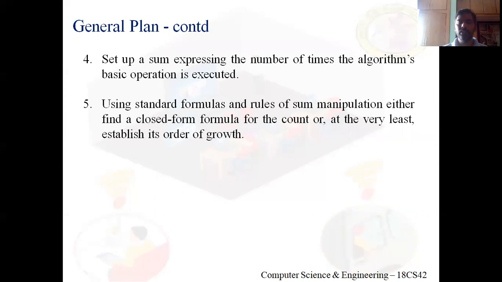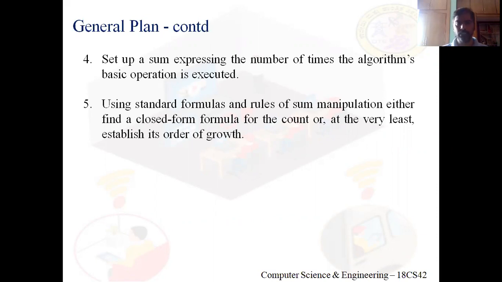For that we need to set up a summation for the number of times the algorithm's basic operation is going to execute. Let us look at that through an example.